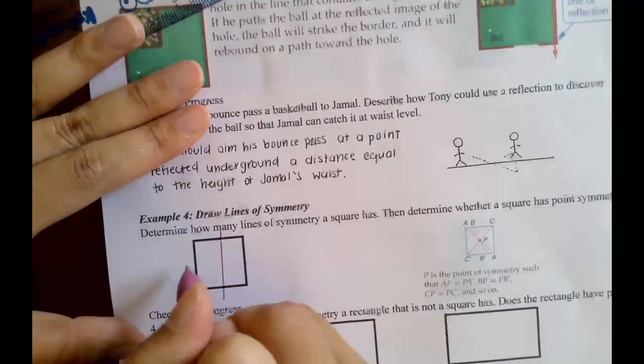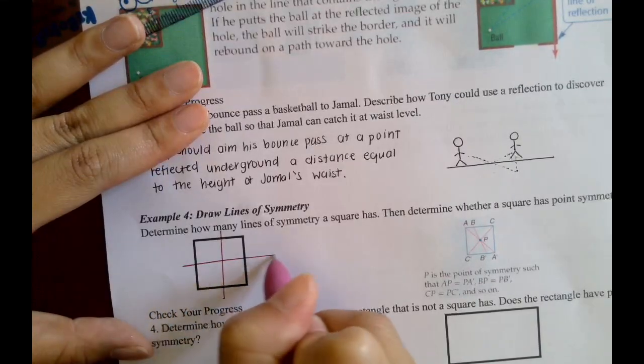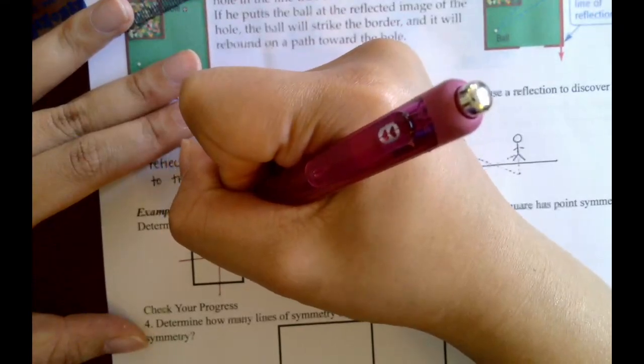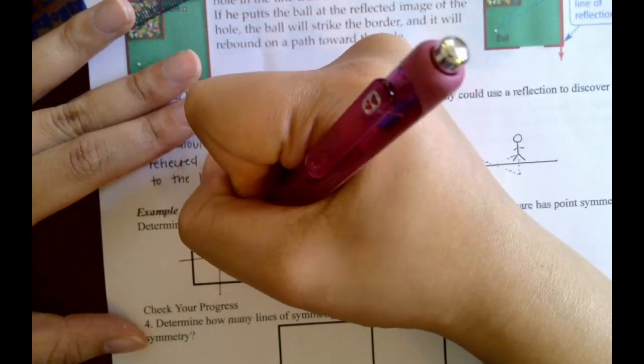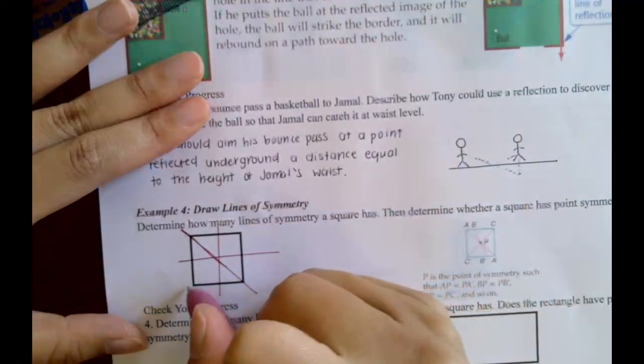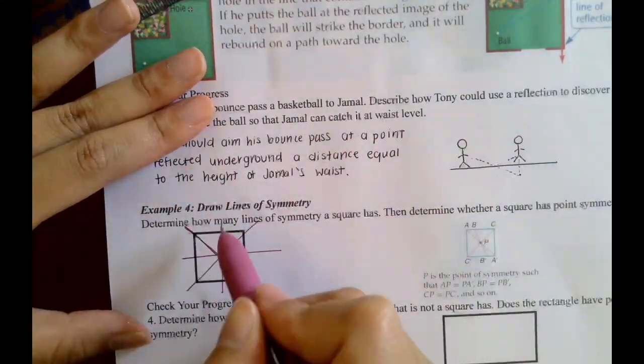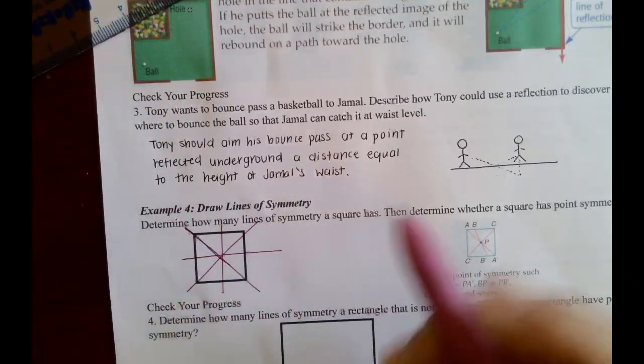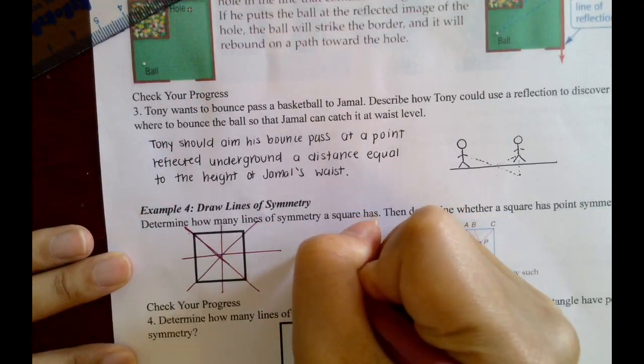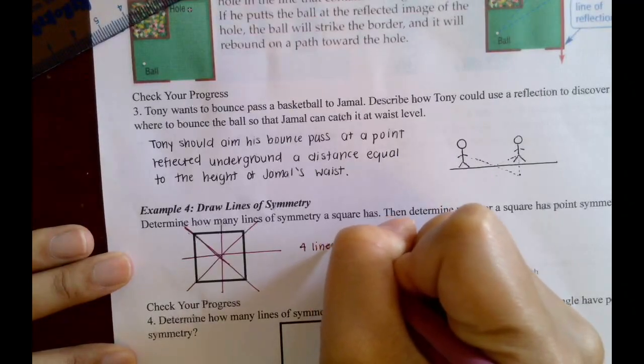Maybe I should just draw it. Oh, it looked better. Still not perfect. We can fold it across like this, and we can fold it across like this. Not very good, but there you go. So this has 1, 2, 3, 4 lines of symmetry. That's how many a square has.